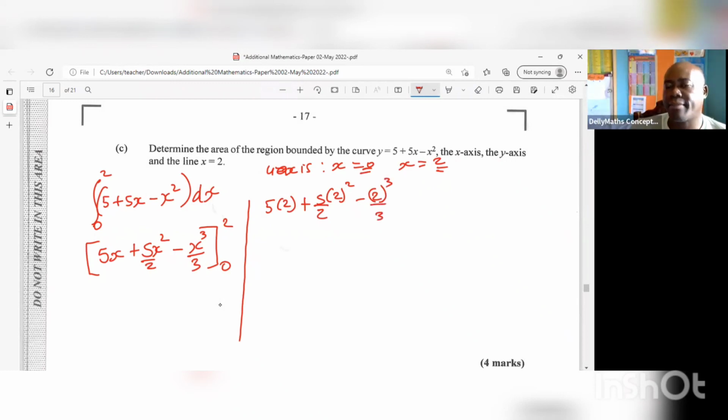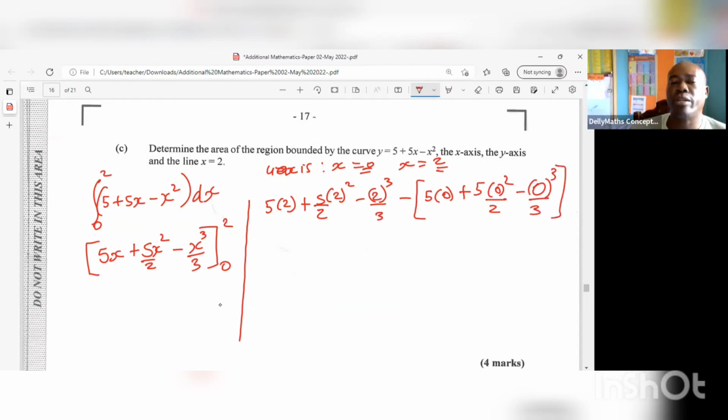I'll put this part in a bracket. Then minus the bracket for 0: 5 times 0, plus 5 times 0 squared over 2, minus 0 to the third over 3. And I'm going to close that off.